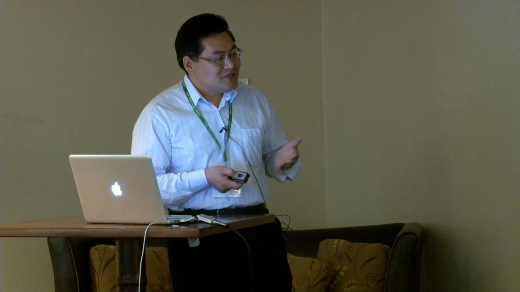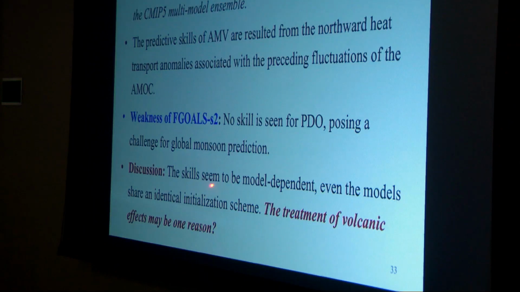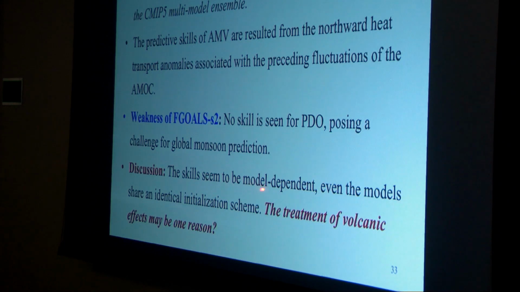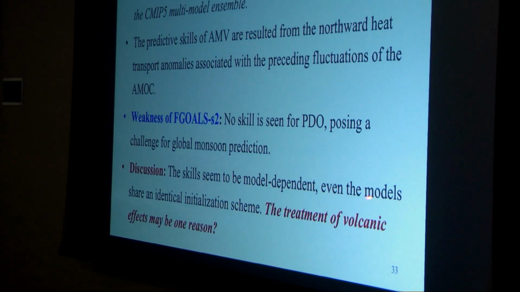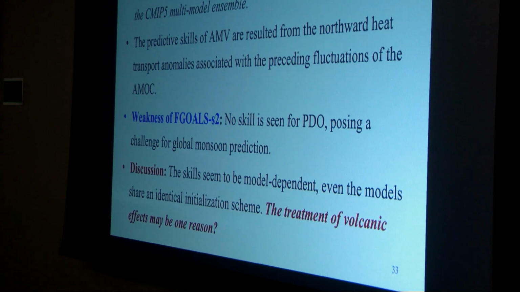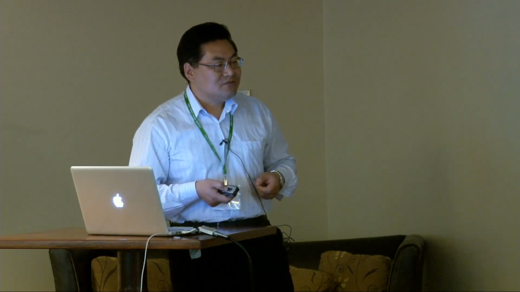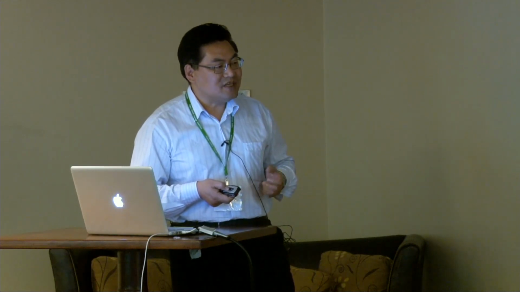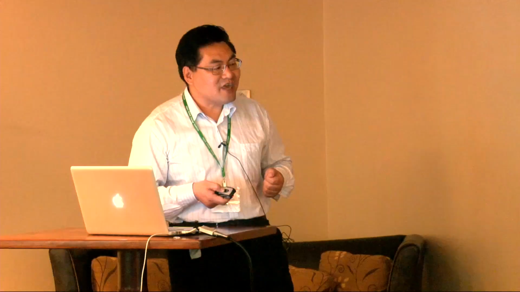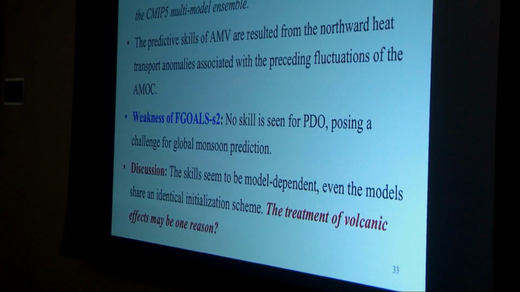So it seems the skill for the decadal predictability of the Eastern Pacific seems to be model dependent, although in both of our two models, we have used an identical initialization scheme. To understand this kind of difference, we hypothesize maybe that it's due to the treatment of the volcanic aerosols in these two model versions. That's all for my talk. Thank you.